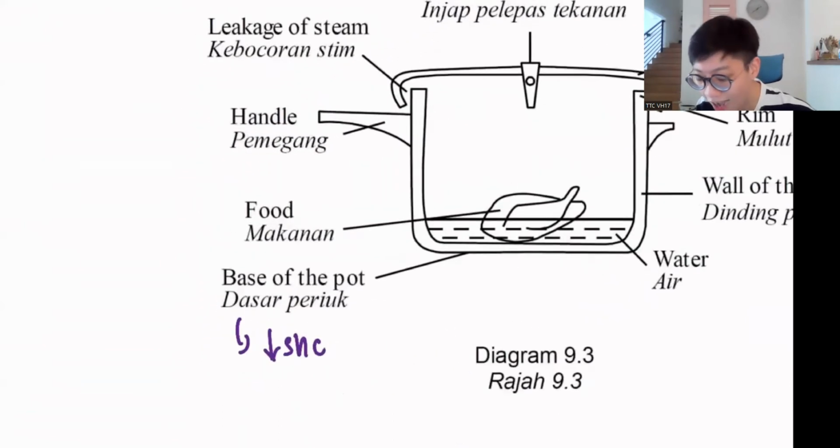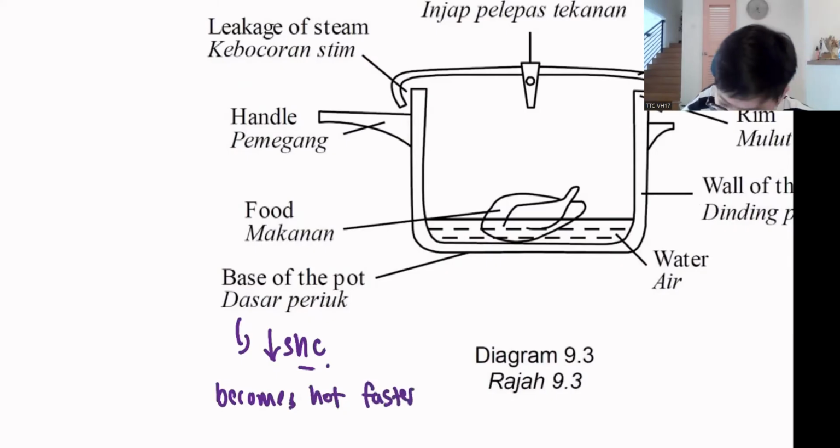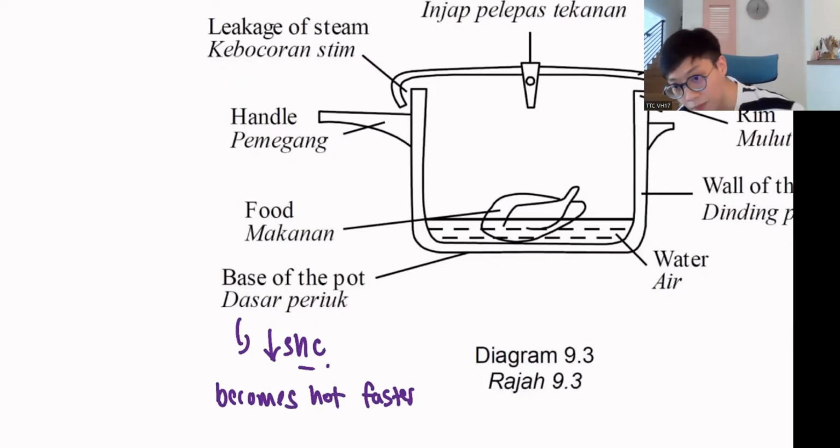Why low specific heat capacity? I don't want to say hot easily, so I can say it becomes hot faster. Instead of easily, I use the word faster. So with low specific heat capacity, it becomes hot in a short period of time. Lesser energy is needed for it to become hot.